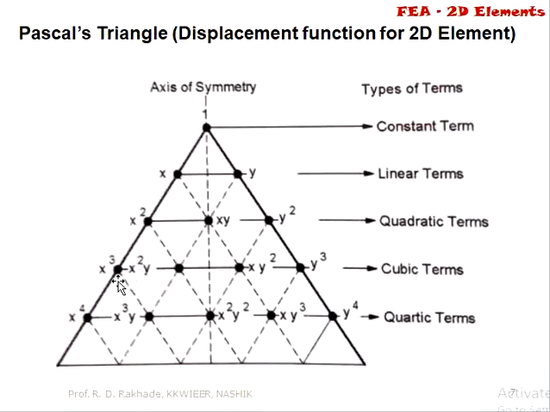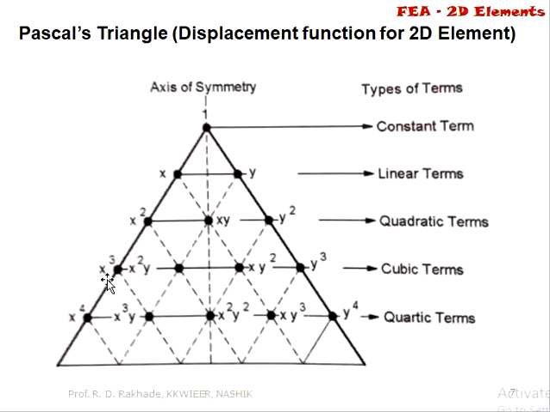Then similarly, just start from left side to right side: x decreases, here you can see x cube, then x square, x raised to power 1, then x raised to power 0, that is nothing but 1. Okay.